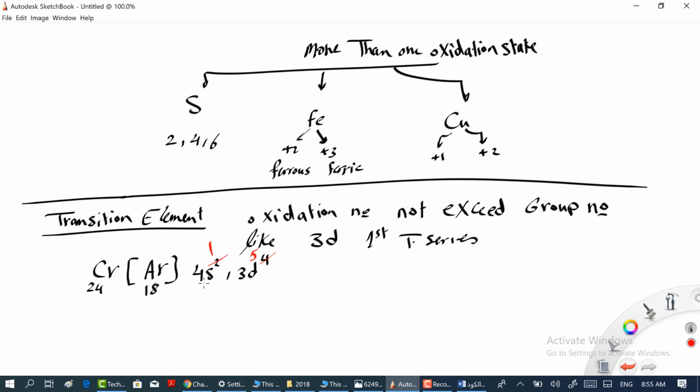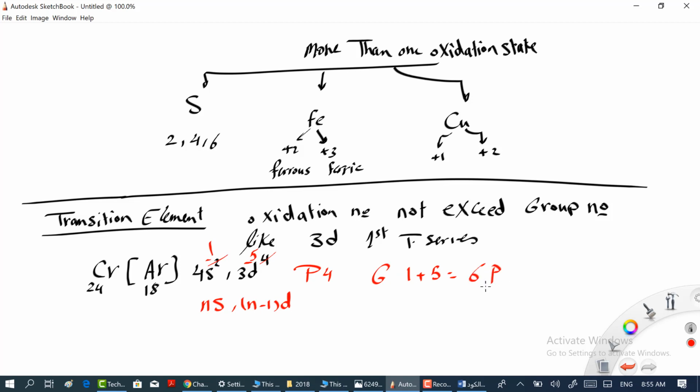It's not our topic, but we are going to determine the group and period. It will be in period 4, but for the group we sum the electrons in the s and the d, since the form is ns and (n minus 1)d. So the electrons in s are 1, plus 5 electrons in the d, it will be 6.